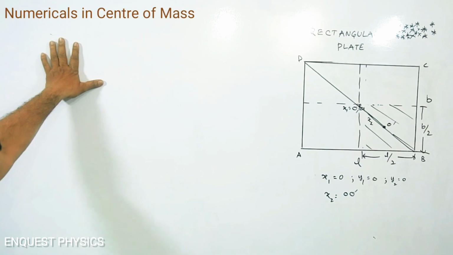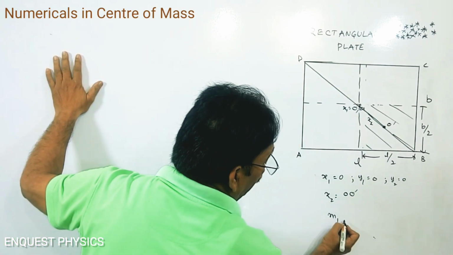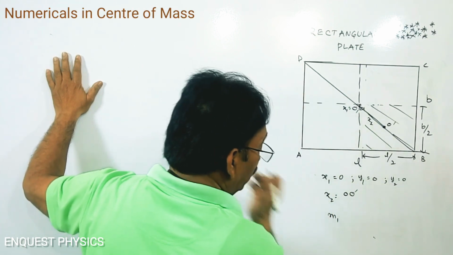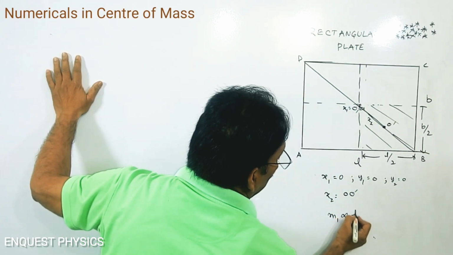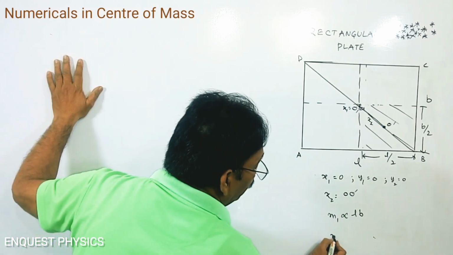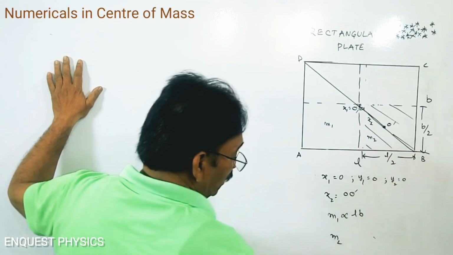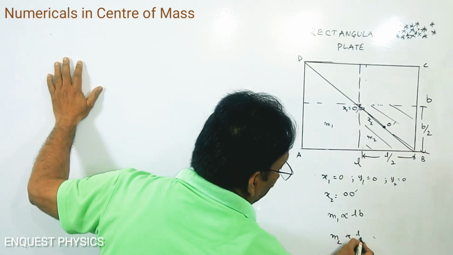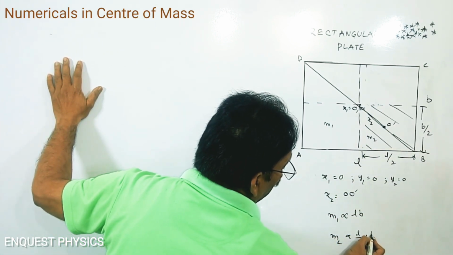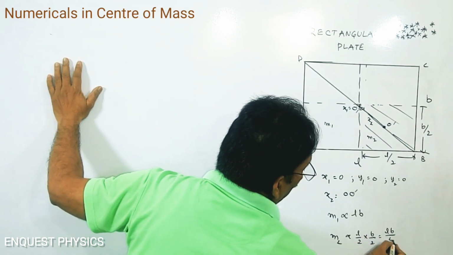Then we have to write the mass. You know that mass is directly proportional to area. That's why m1 is proportional to LB, and m2 goes with the same ratio, L by 2 into B by 2, that is LB by 4.